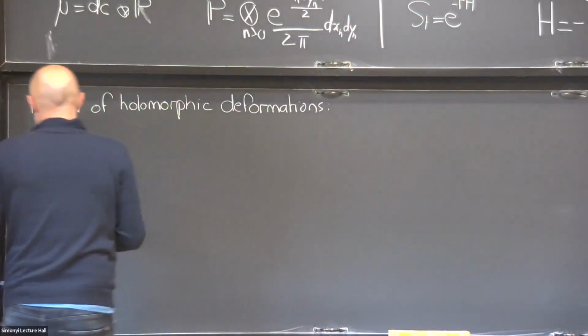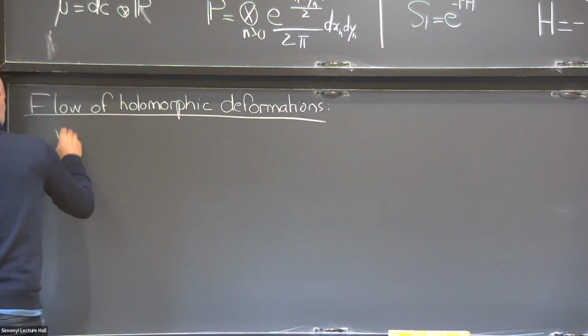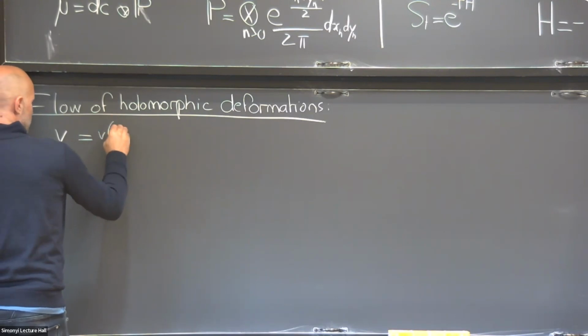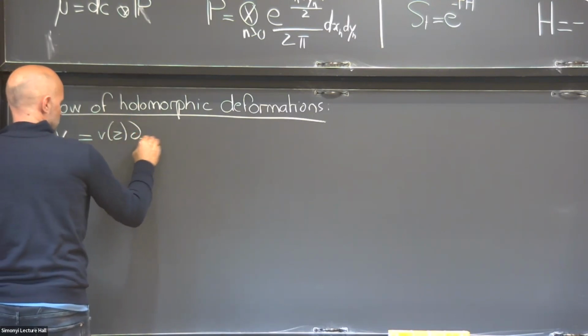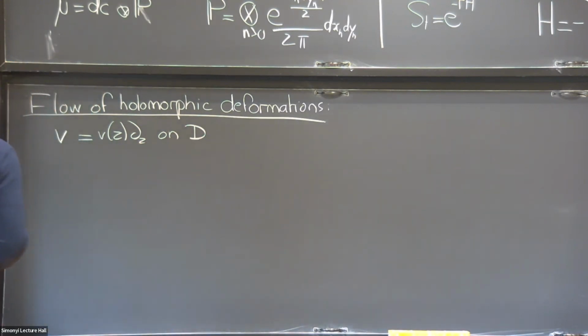What I mean by that, so now I want to take a vector field V on the unit disk. And I will specify two things.